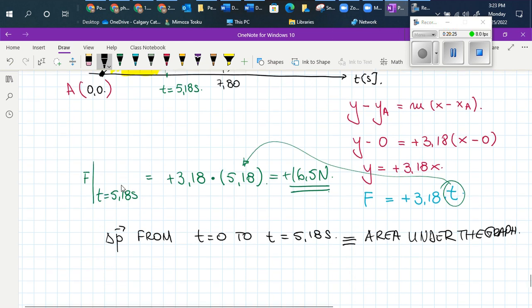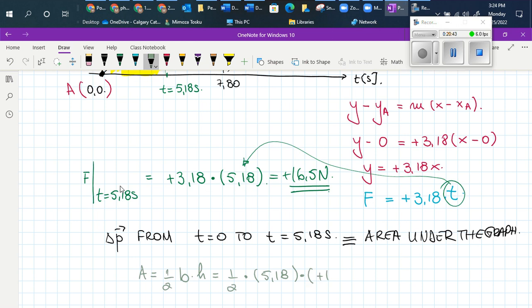Since we are dealing with a triangle, the area under the graph will be 1/2 base times height. The base is 5.18 seconds and the height is positive 16.5 newtons. And then 16.5 times 5.18 divided by 2 will be positive 42.7 newtons times seconds.